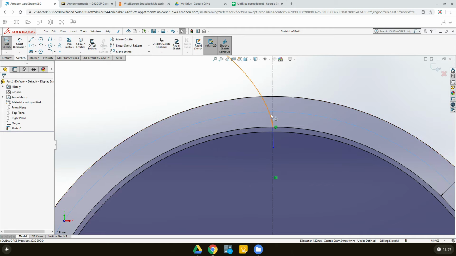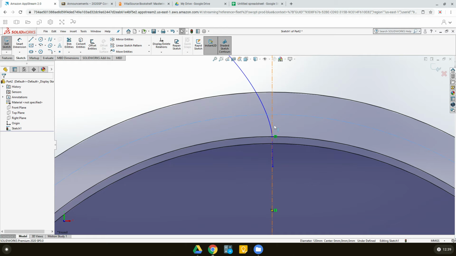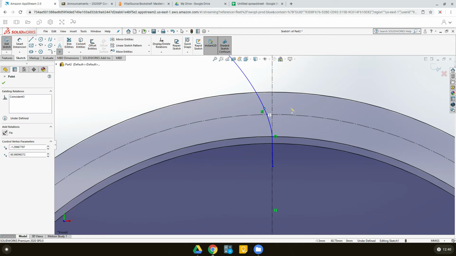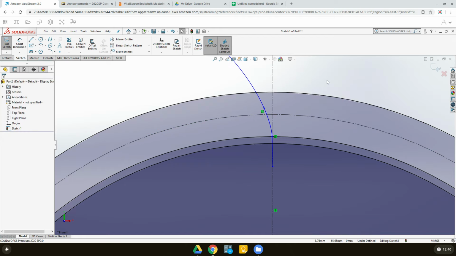Now we need to draw a construction line passing through the intersection of this pitch circle and this gear tooth profile. To do that, first I might want to draw a point there. So I'm going to select a point, and I'm going to put it somewhere here. Okay, I put the point there.